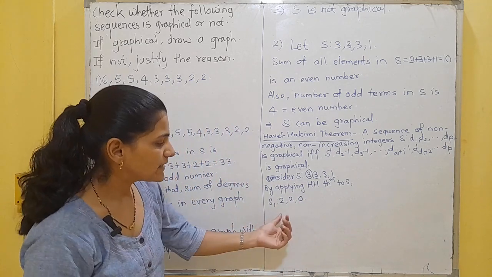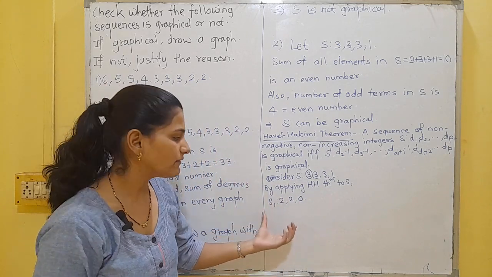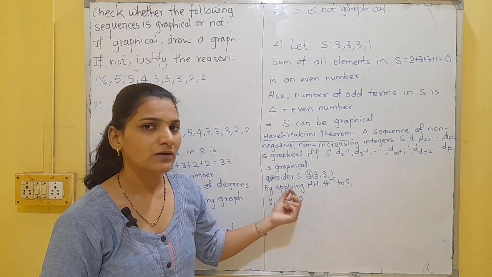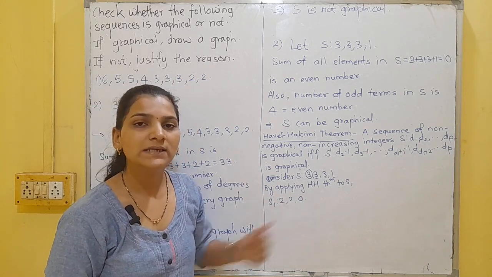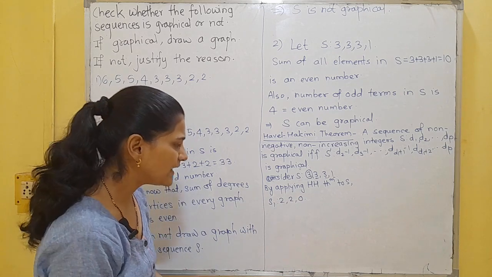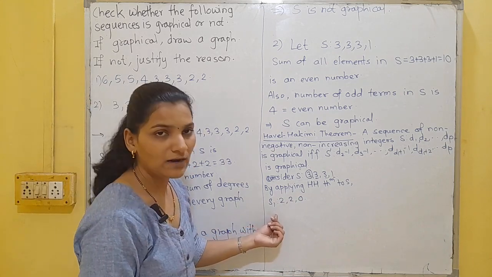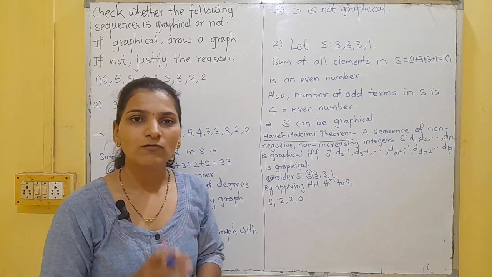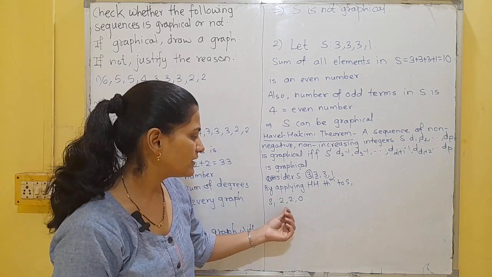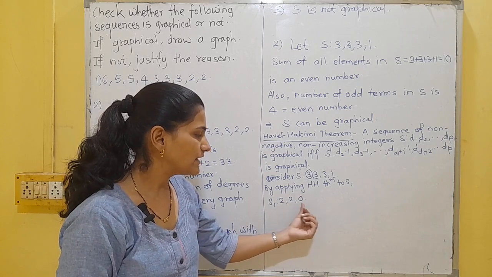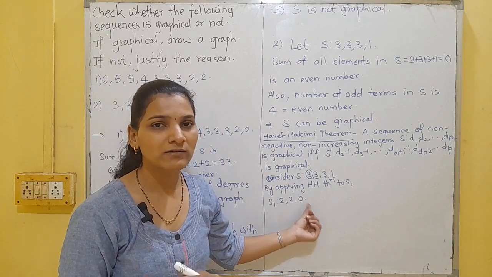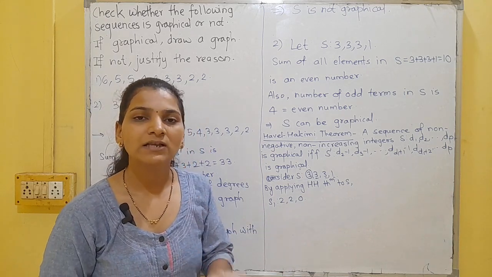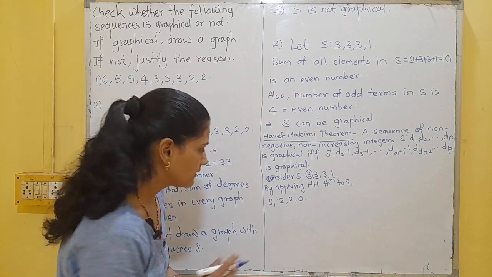Now if you observe, S1 is a sequence with 3 terms where 2 terms are 2 and 1 term is 0. That means if there exists a graph G1 corresponding to S1, then it will be a graph on 3 vertices with 2 vertices of degree 2 and 1 vertex of degree 0, and it will not happen.